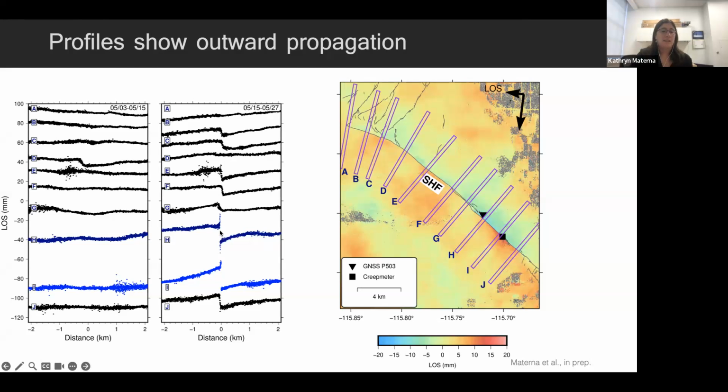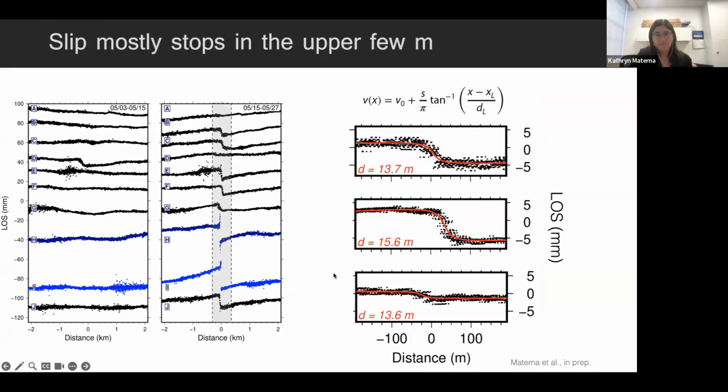One thing we can tell is that the surface break is very clear down here in I and H, where I've put different colors, just so these profiles can be a little bit distinguished from one another. This is a clear surface break visible in the InSAR right away. However, the other profiles are not as clearly breaking the surface, and the rest of the profiles seem to be continuous, and this looks like an arctangent.